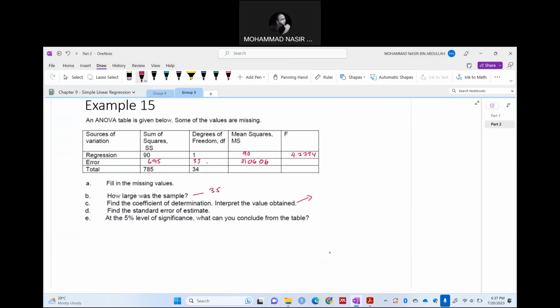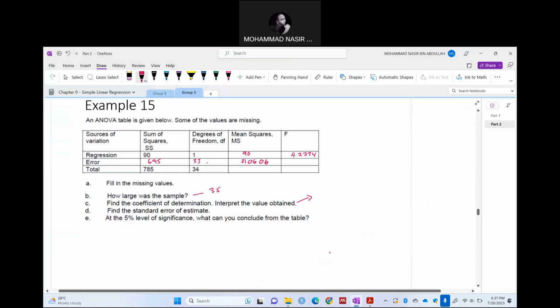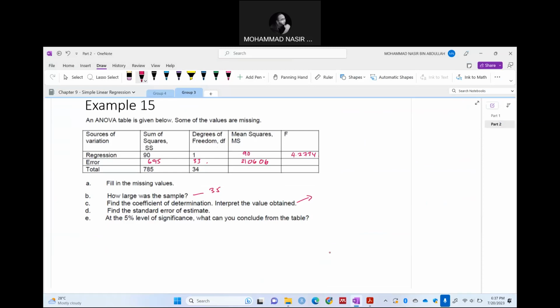This should be sum of square regression divided by sum of square total.